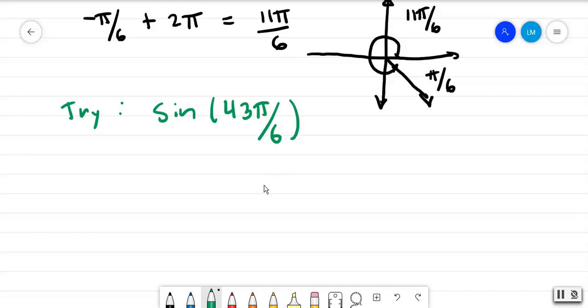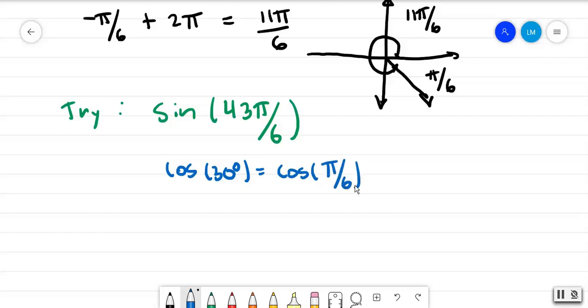For instance, I know that if I were to do cosine of 30 degrees, or cosine of pi over 6, that's going to be root 3 over 2. So that's an exact value, root 3 over 2.